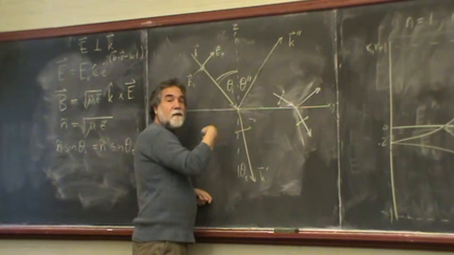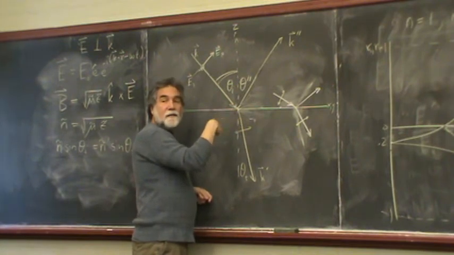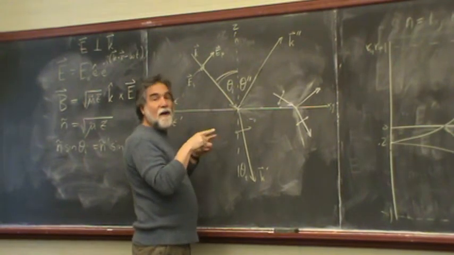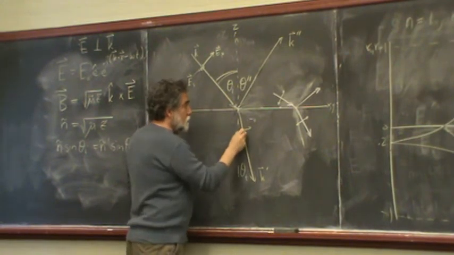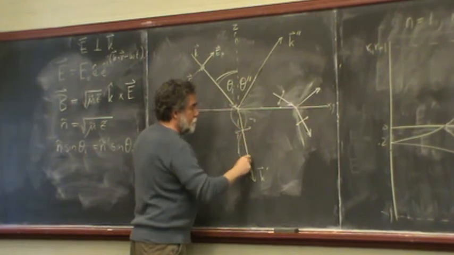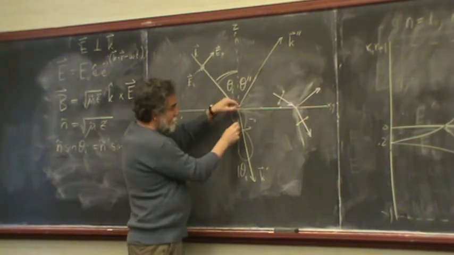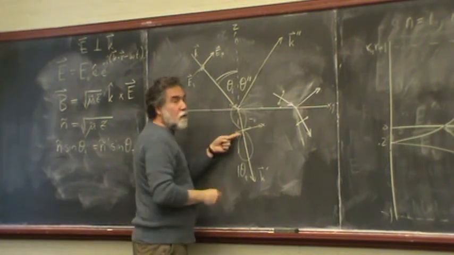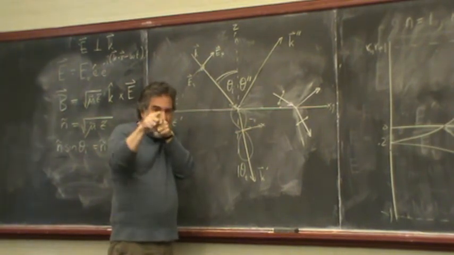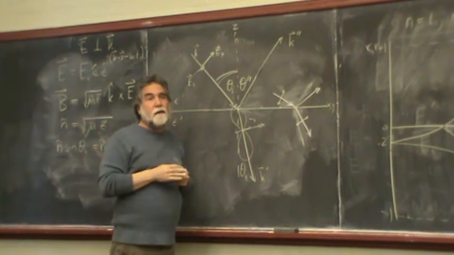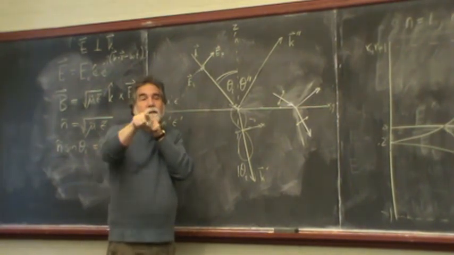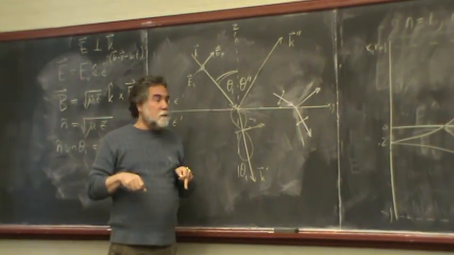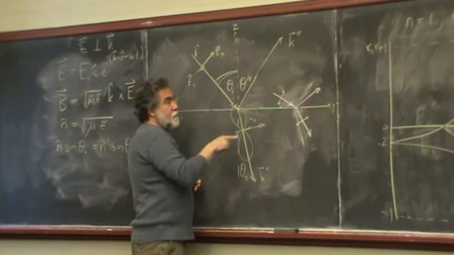So I've got an electron here that's responding to the electric field and the electron is oscillating, sending out waves like an antenna. It's radiating this way. It's not radiating that way at all. You don't get radiation along the direction of the oscillation. You don't get magnetic field along the direction of the motion of a charged particle.